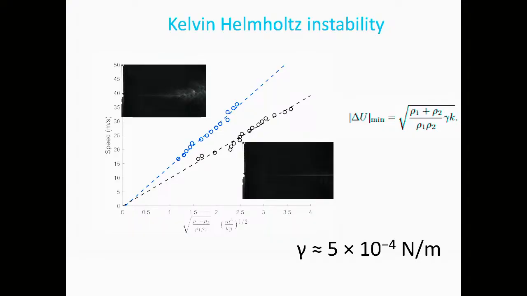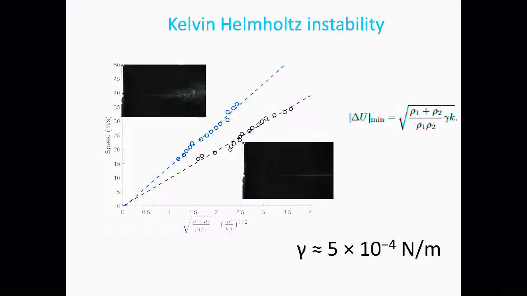The wave vector we get from the vorticity plot, it's roughly a centimeter or two. And then the only adjustable parameter, or what you get from the slope of this plot, is actually the surface tension. And so this is another discussion I was having with Stefan and Stefan.